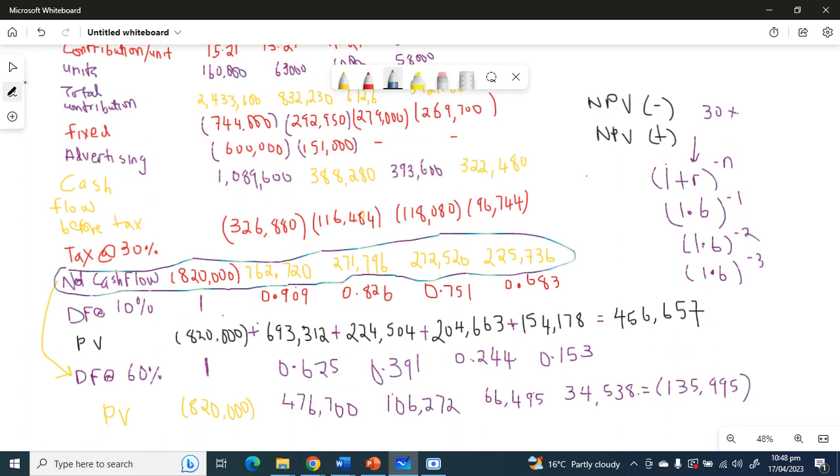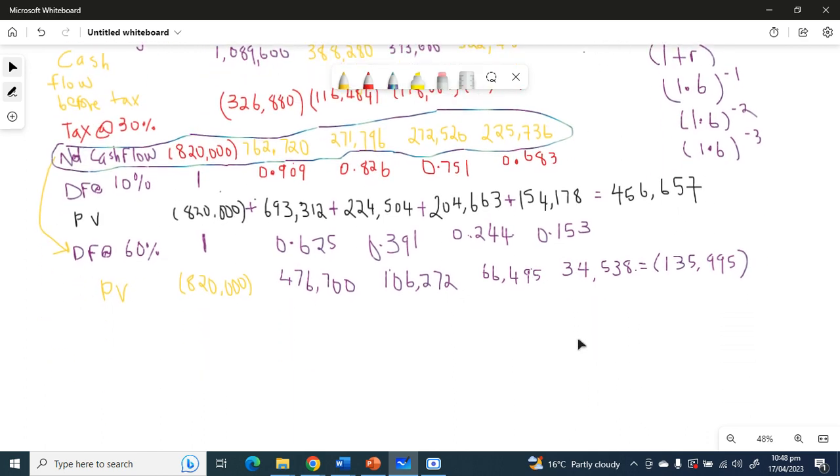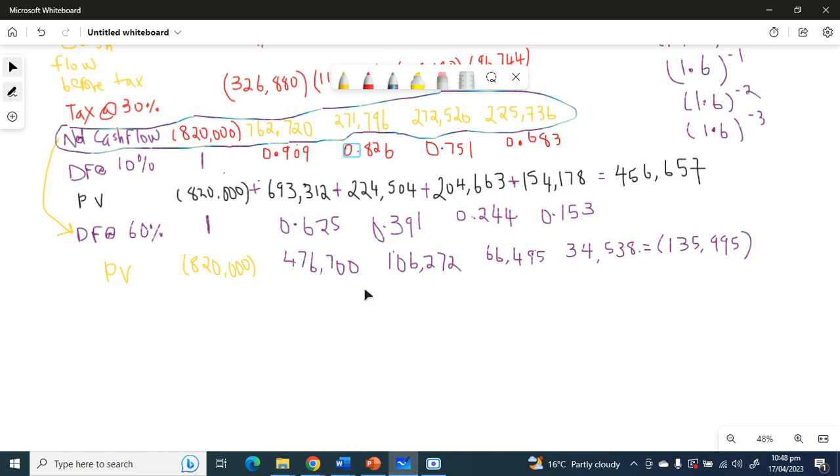Okay, so once we've got our net present values, we now use the formula to calculate our internal rate of return, right? Remember, we label our A%. A% is the lower discount rate, which is 10%.